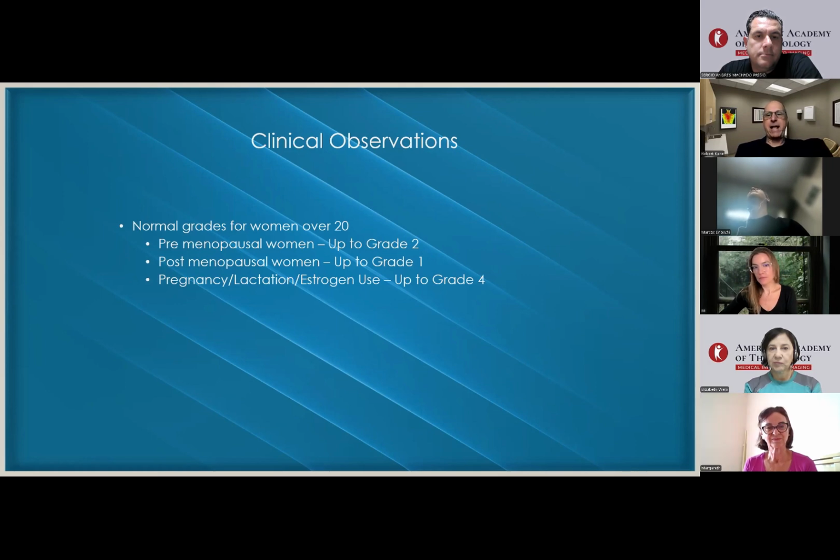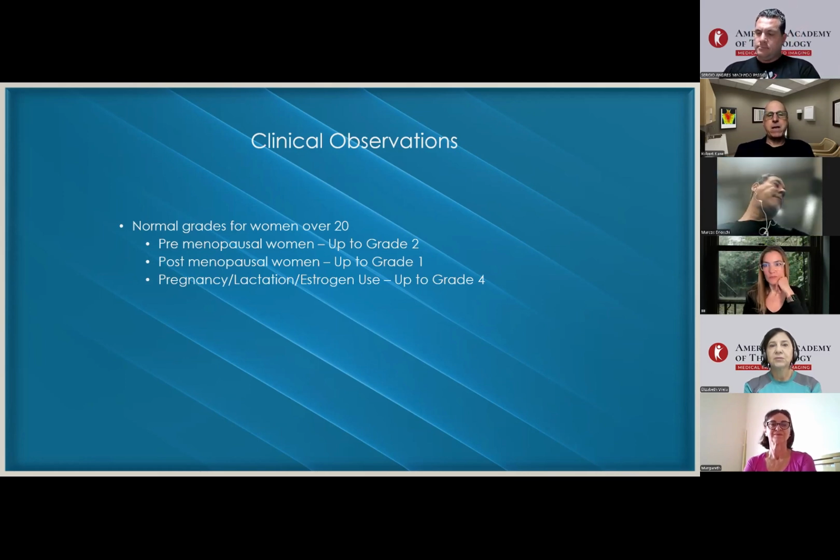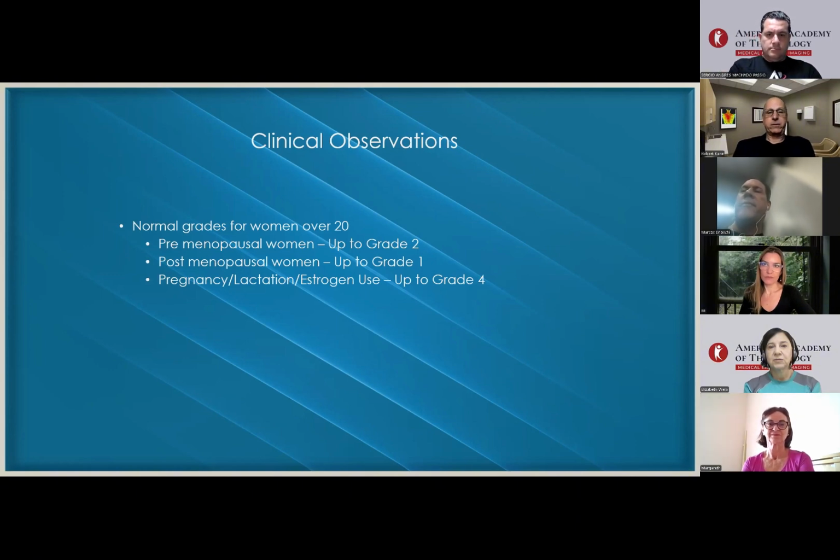There's more circulating estrogen, and we do see more higher levels of symmetrical patterning. Now, I noticed with postmenopausal women, because estrogen circulation tends to drop, most of them end up in grade 1. And then when we're looking at pregnancy, lactation, or some sort of exogenous estrogen situation, then I've seen them more in the grade 3 and grade 4 rating systems.